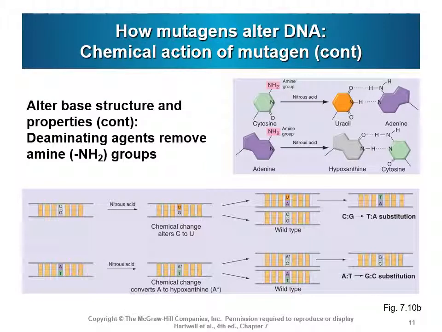Yet another agent is the deaminating agents, and they cause cytosine to uracil changes and adenine to hypoxanthine changes. Obviously this is happening because those two bases are the ones that have the amine group, so the deamination will take place with those two.